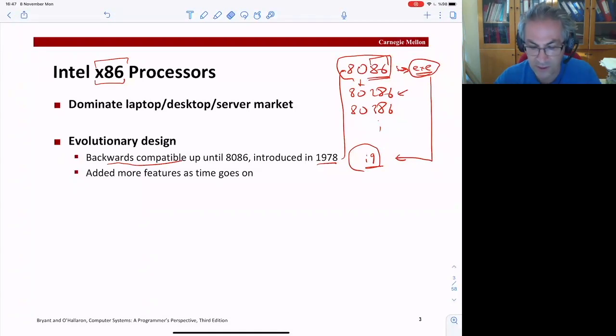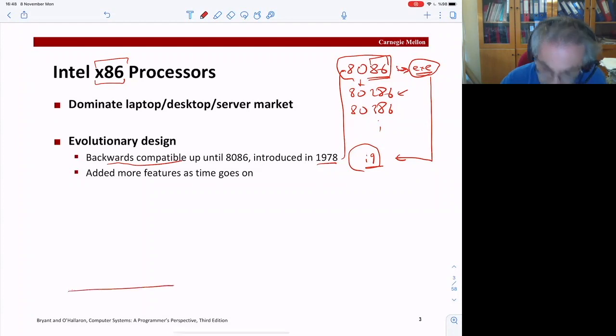Let me talk about how the design works. It's more like this: say you're building a house, but you have very little money. You build a small, one-room house with some basic things. And later you get more money. So let's say that this is my 8086, the set of instructions and registers that it supports. Then you get more money.